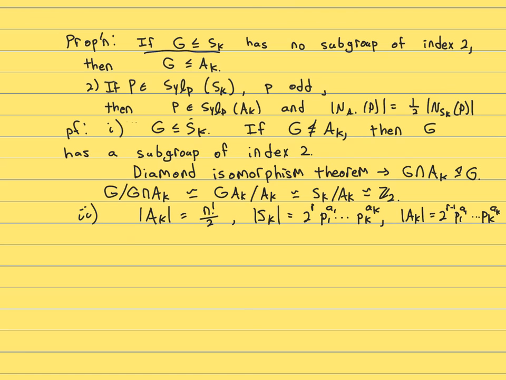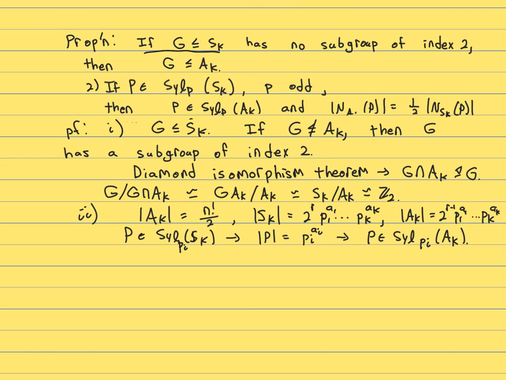So in particular, if you take a Sylow subgroup for p_i, it has order p_i to the a_i. That's the correct order to be a Sylow subgroup in A_k, as long as it's a subgroup of A_k, which it is by the first part.